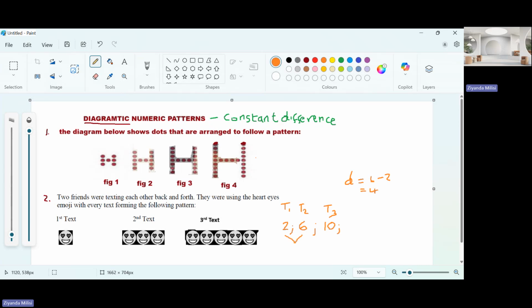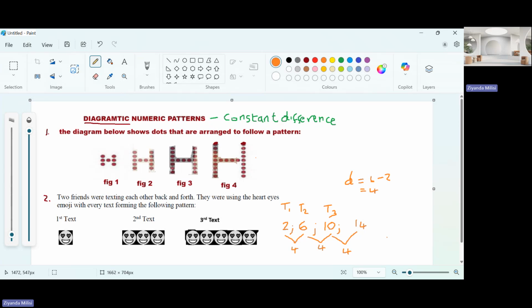So the constant difference between your terms is 4. You keep adding 4. We can even predict now that on the 4th text, we add 4 to 10, and it's going to have 14 heart eyes. Also on the 5th, and so forth.